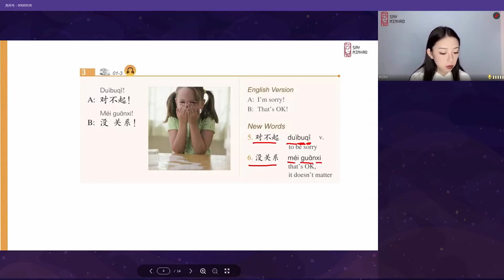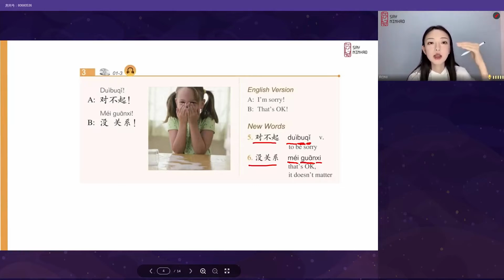Next one is 没关系. Separate them into 3. First one is 没, initial m, final ei, second tone. Next one, 关, the initial g, the final uan, and the tone is first tone.